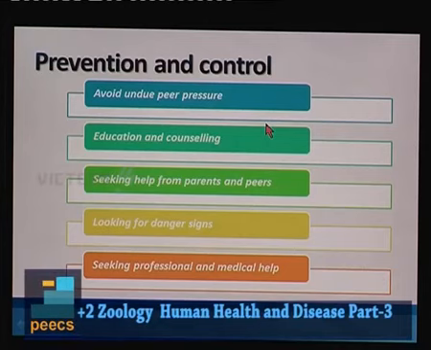So, as I told you, there are a lot of warning signs. So, you have to detect the various warning signs that are observed and you have to correct them.